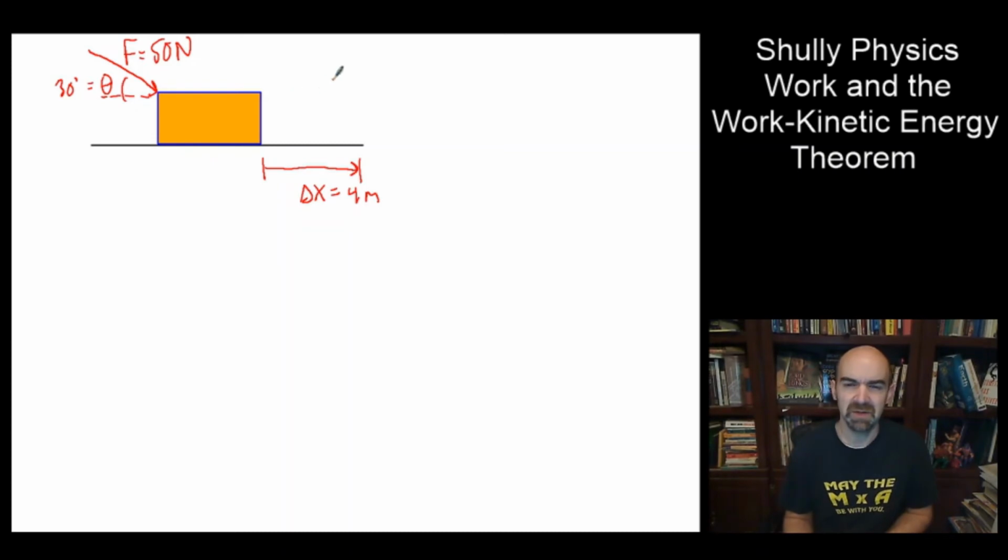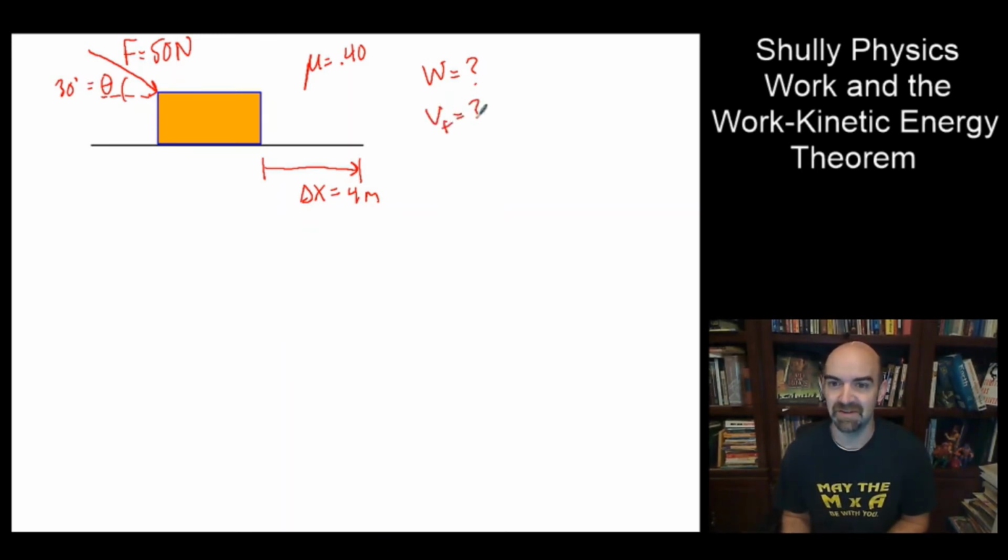All right, now I'm going to throw in a little piece here. The mu. This is a crate on a warehouse floor. The mu between that smooth warehouse floor and the crate is 0.40. All right, so my questions are, what's the work done on this crate, and what will be the final velocity if it starts at rest?